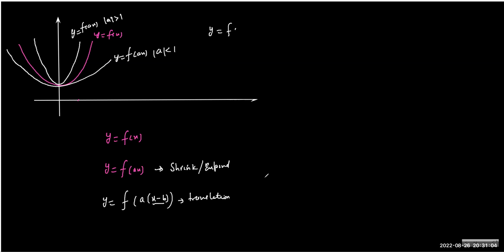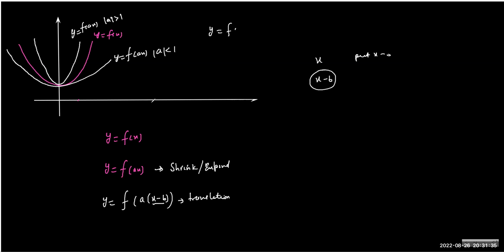You can think this way: if it is x and if it is x minus b, what is the difference? What value of x will make this term 0? b. Exactly. If you put x equals b, this will be 0. So b is called the translational value. It means the origin has translated towards the b direction.